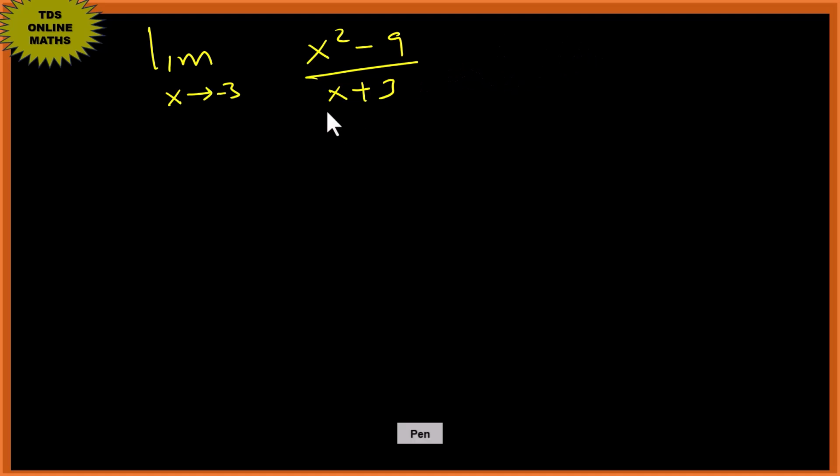We know the numerator looks like a difference of two squares. So I can go ahead and say x squared minus 3 squared over x plus 3.